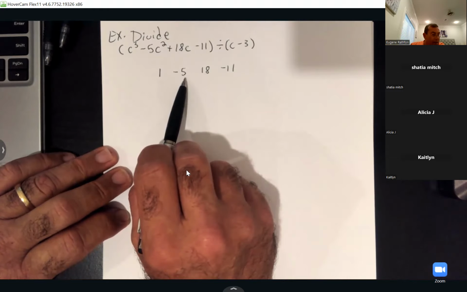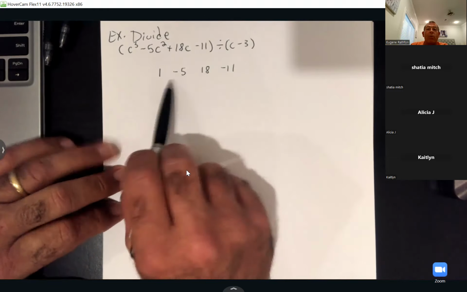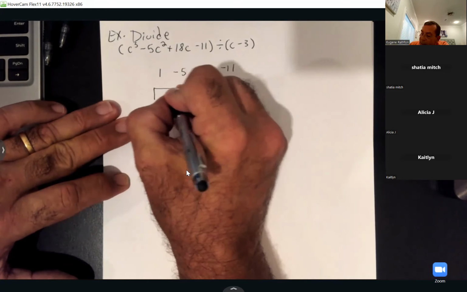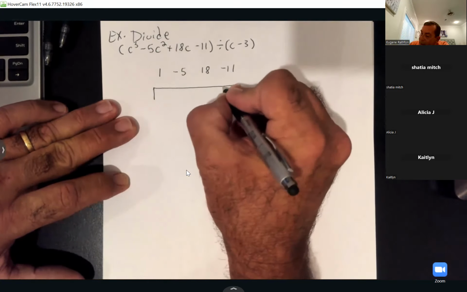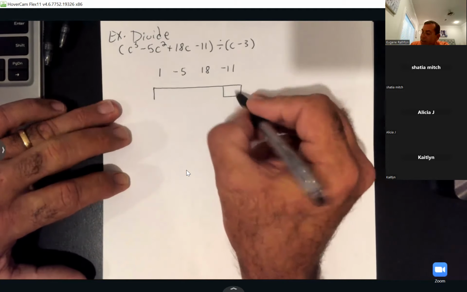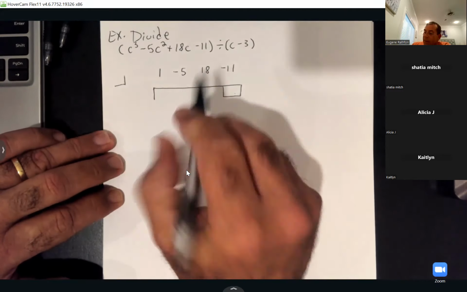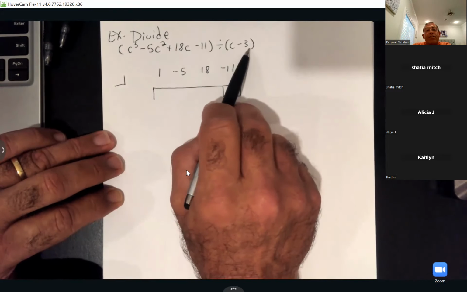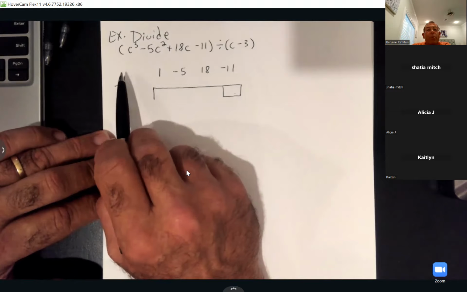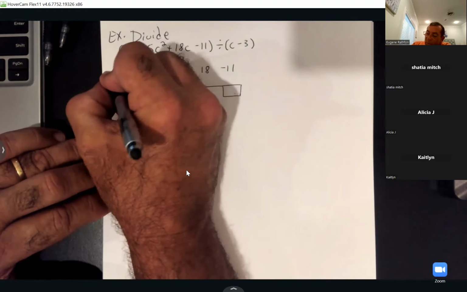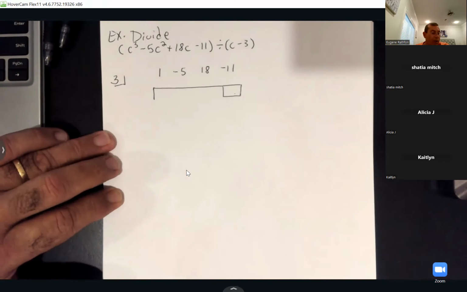I got one coming up in a little bit where we will have to put zeros. So I'm going to leave a little space and draw my box. Remember, the end box is my remainder. Since this is C minus 3, my C over here will be opposite in sign than that factor, so our C will be a positive 3.